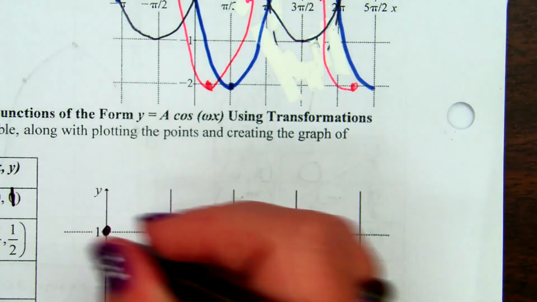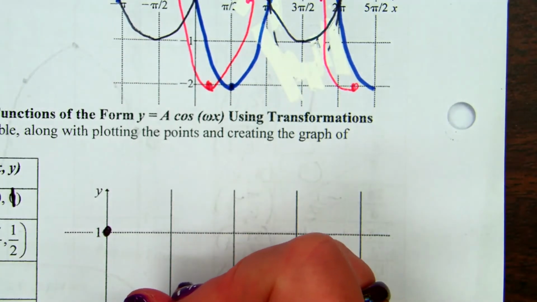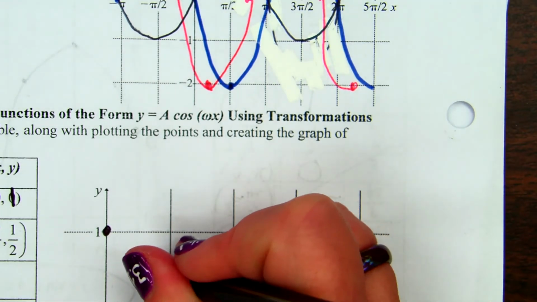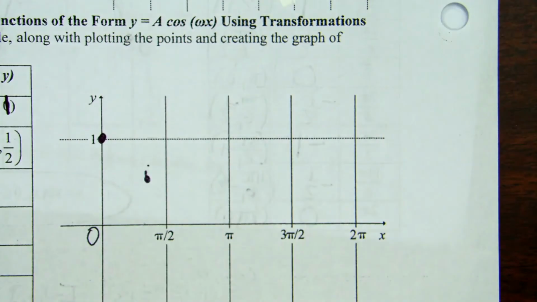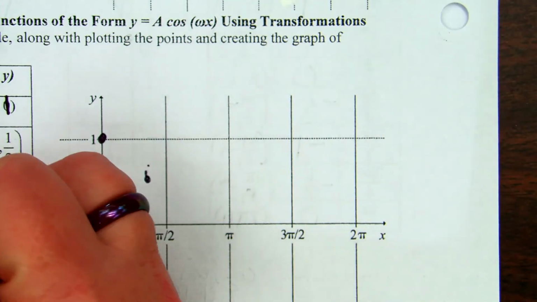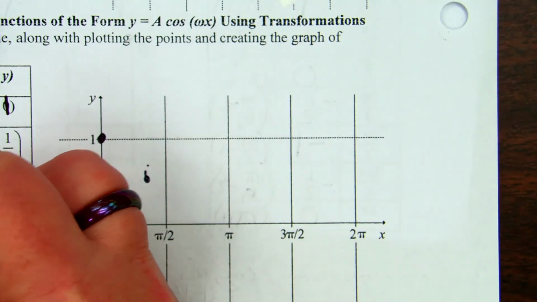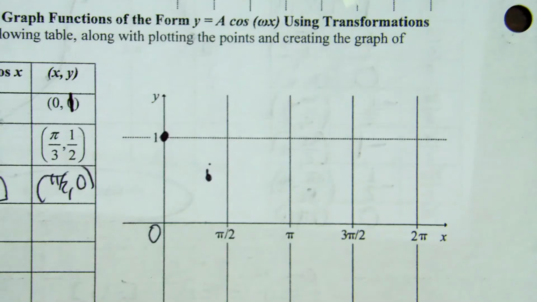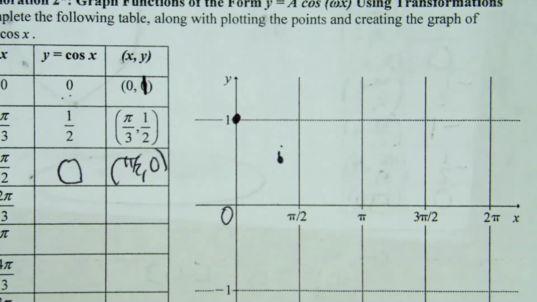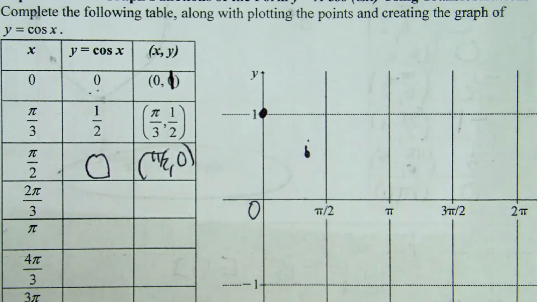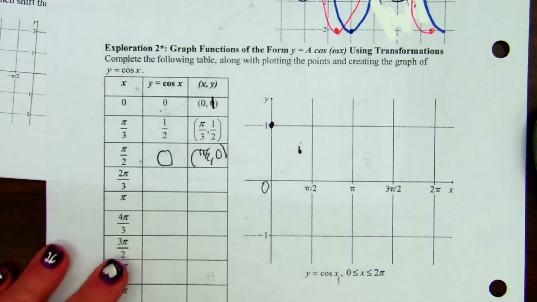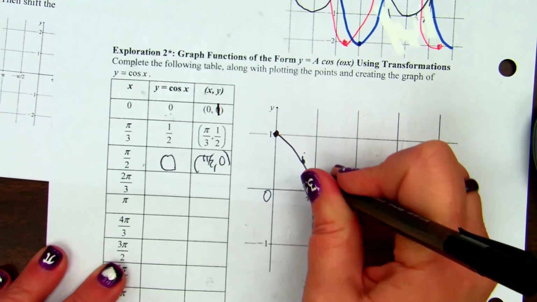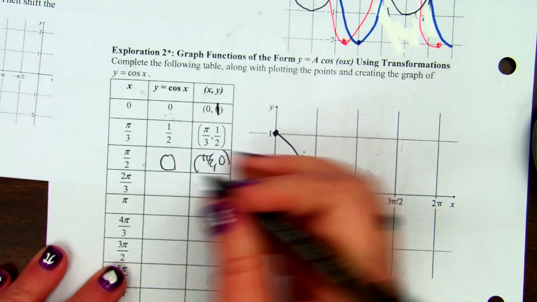And then at pi over 3, which is 60 degrees, it's 1/2. And at pi over 2, it's 0, 1, so it's a 0. Pi over 2, 0. So instead of starting at the origin, it starts up at 1. That's what makes it cosine.